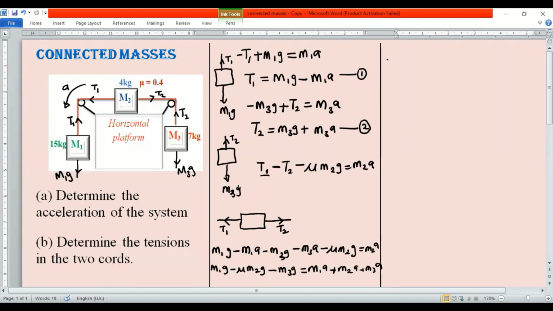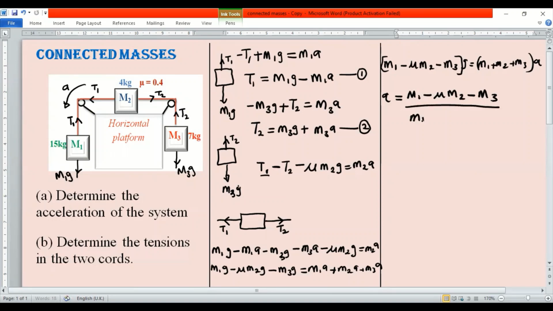Now, to factorize, you have (M1 minus mu M2 minus M3) all into G equals (M1 plus M2 plus M3) all into A. So that means your acceleration equals (M1 minus mu M2 minus M3) over (M1 plus M2 plus M3), all multiplied by G. So this is the expression for the acceleration.